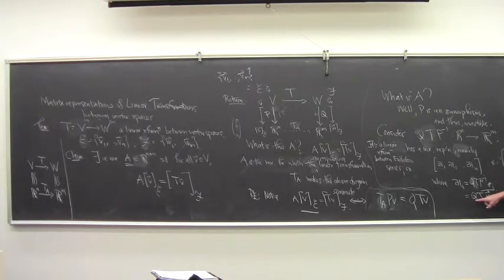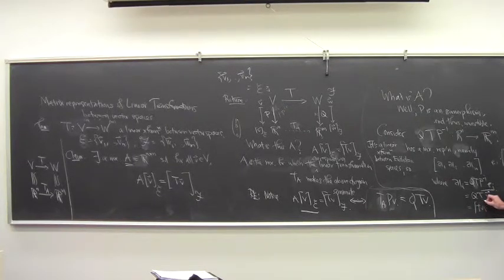Okay, so what is the matrix going to be that makes this work? Well, it's going to be T of V_i, and then you run this thing through Q, right? Remember what Q does?